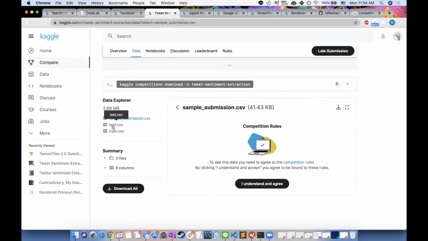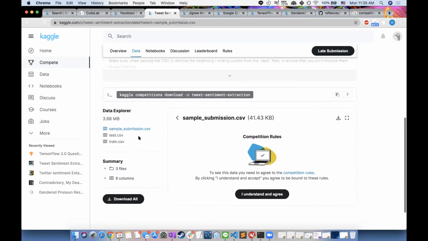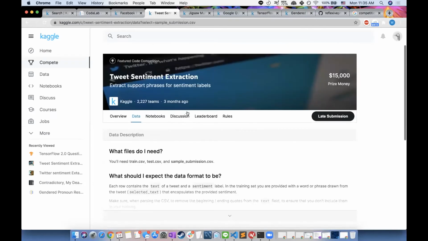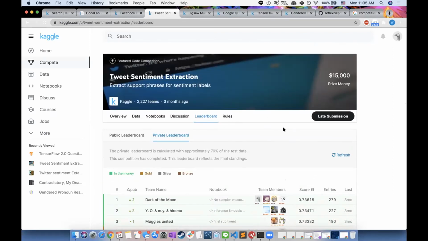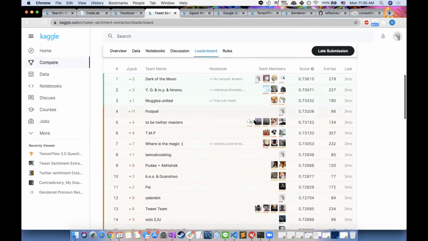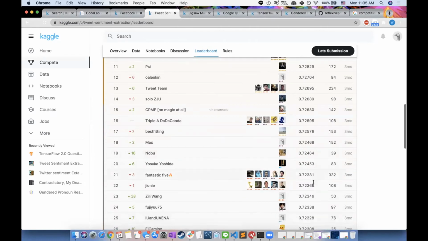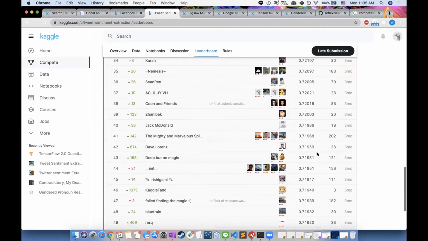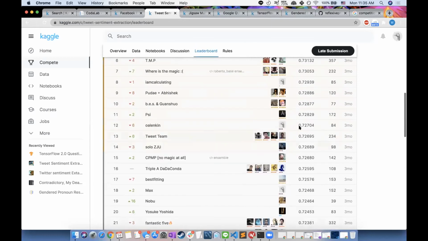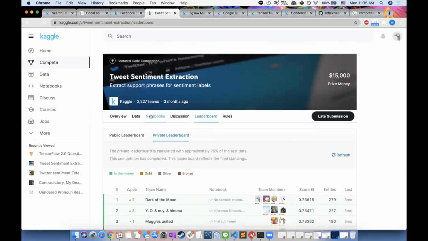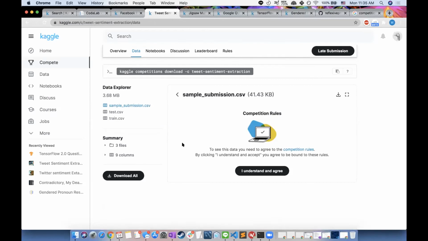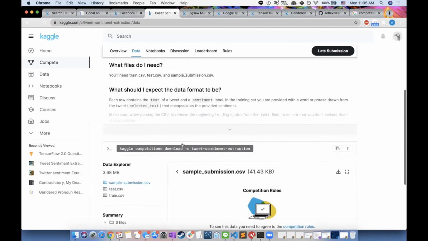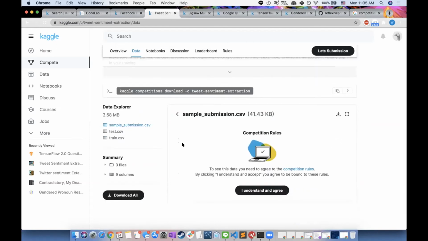And this is your test set, but it has a hidden test set that you wouldn't be able to see, and that's how you eventually get evaluated on the leaderboard. So even though we're not competing live, you will still be ranked with your score, and you will see your score here. And that's typically how you do it.